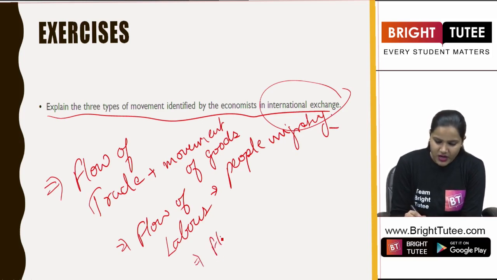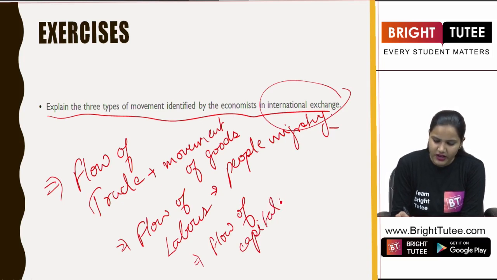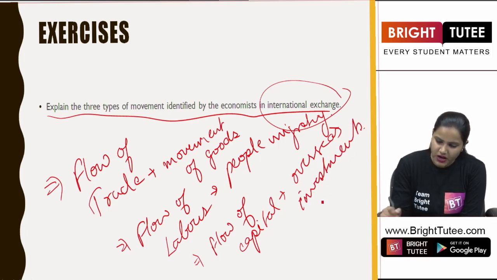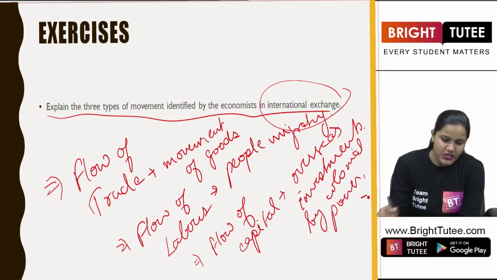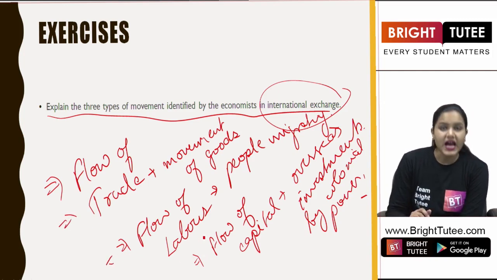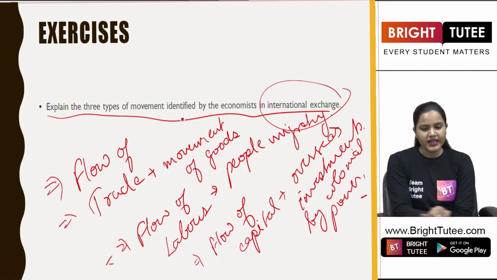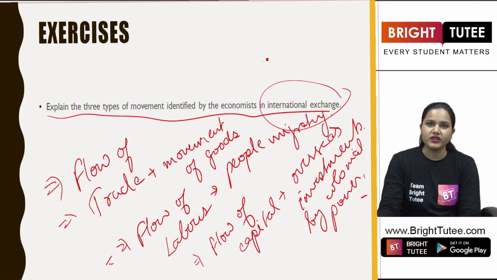The third one is flow of capital. Now what does this signify? This signifies the overseas investment by the colonial power or the powerful regions. Correct? So these were the three types of movements identified by the economists in the 19th century, about which you have learnt in this section.